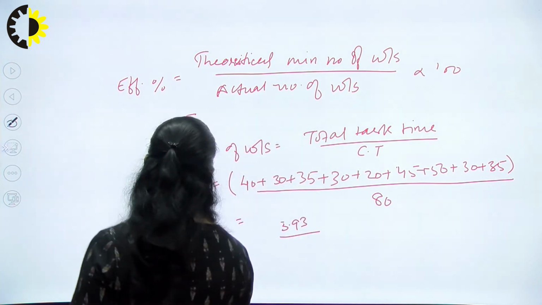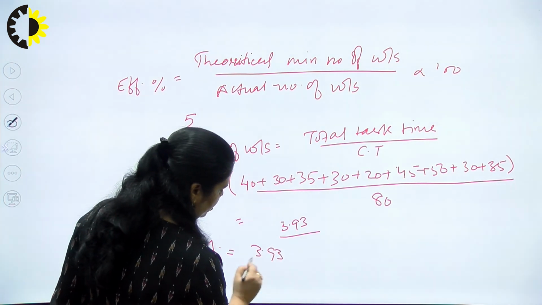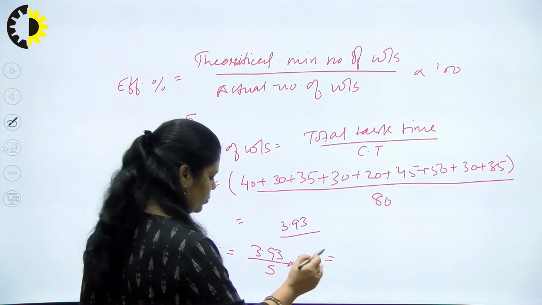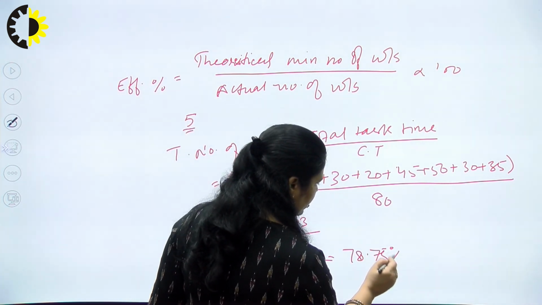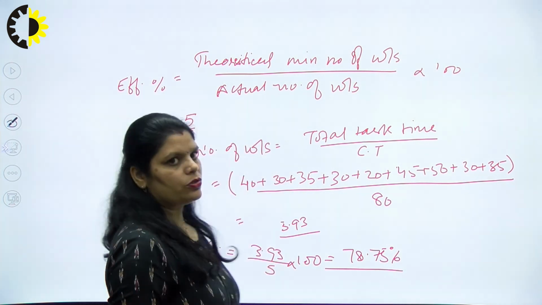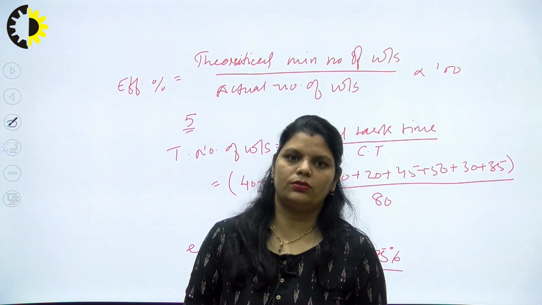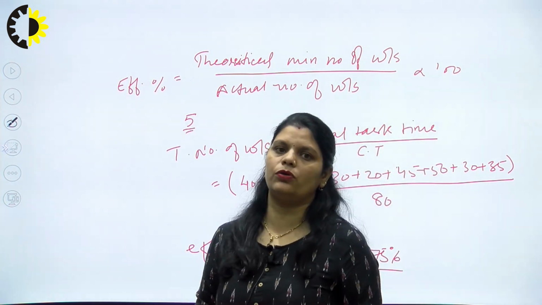Now we can find out the efficiency of the proposal as 3.93 divided by 5 into 100. So efficiency comes out to be 78.75. So using this rule, we can assign the tasks to different workstations, and we can find out the efficiency of that particular solution also.